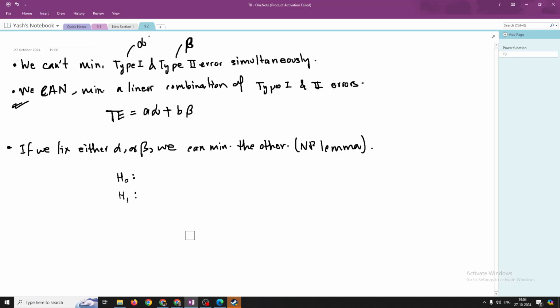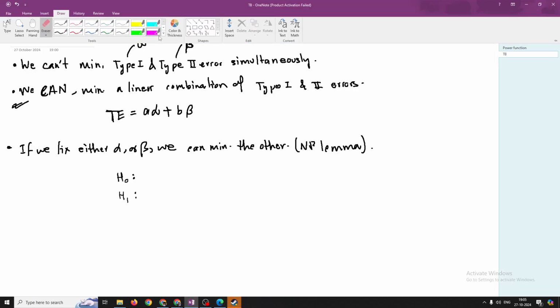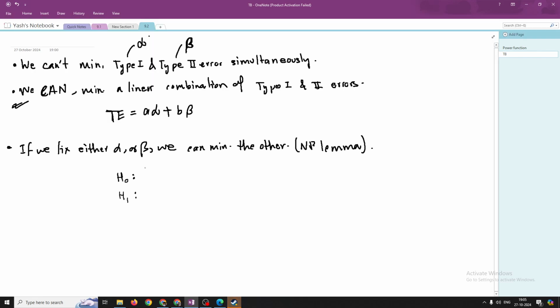Okay, sorry. Under h naught, you say that your theta is equal to theta naught. Under the alternative, you say your theta is equal to theta 1. If this is your hypothesis, and you want to minimize a linear combination of the type 1 and type 2 error.